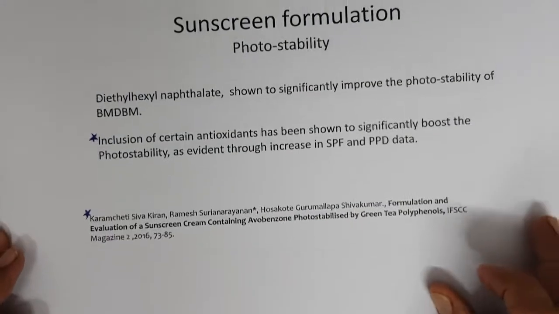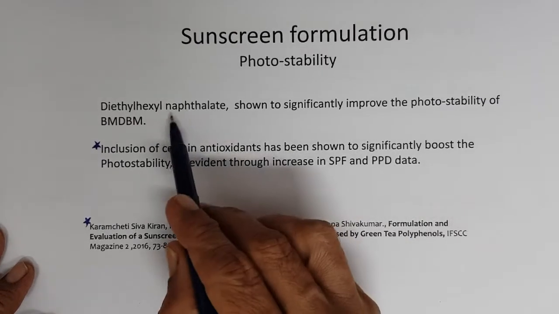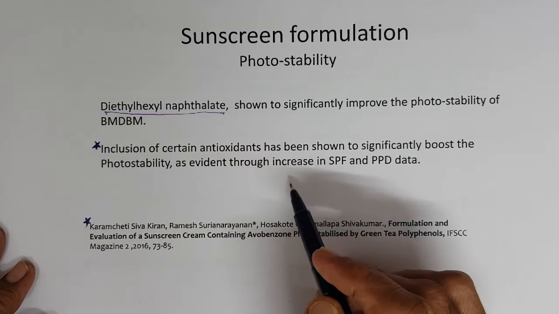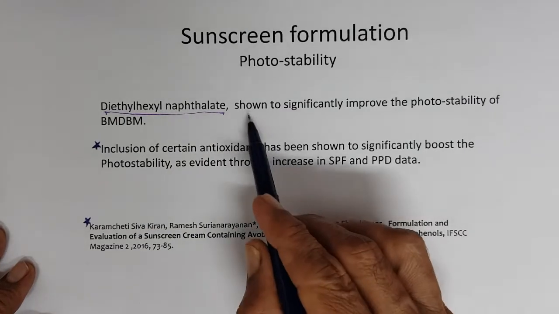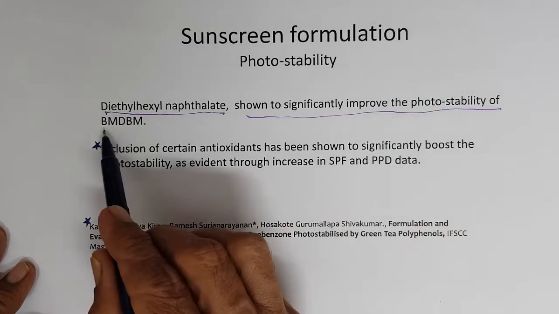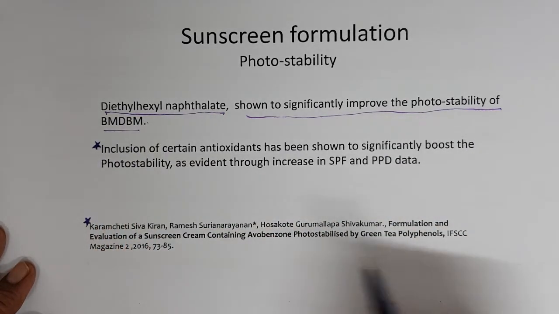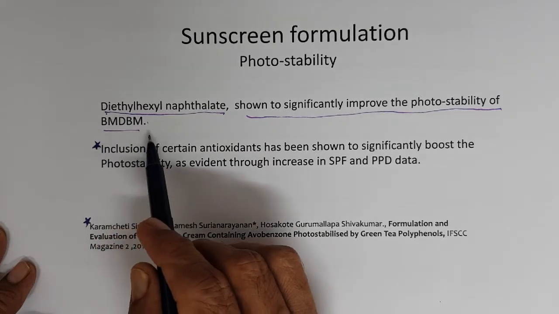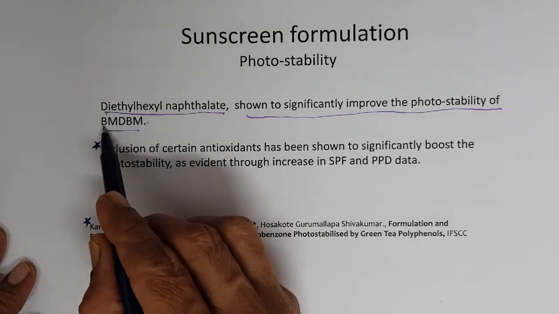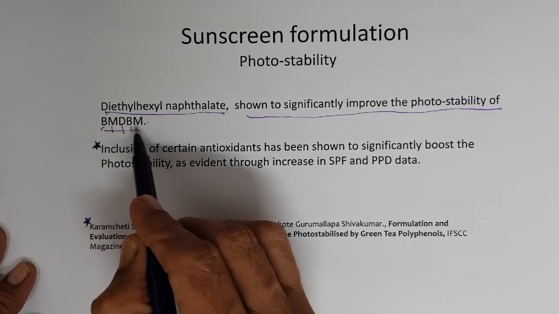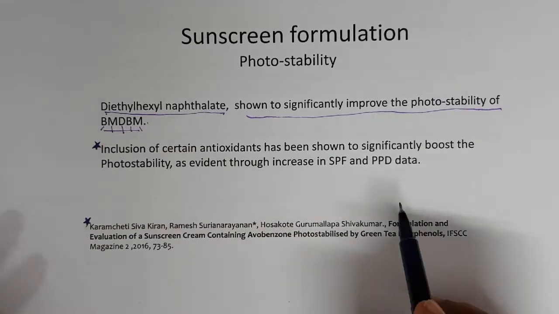Okay. Diethylhexyl naphthalate shown to significantly improve the photostability of avobenzone. Okay. This is butyl methoxydibenzoylmethane, that is avobenzone.